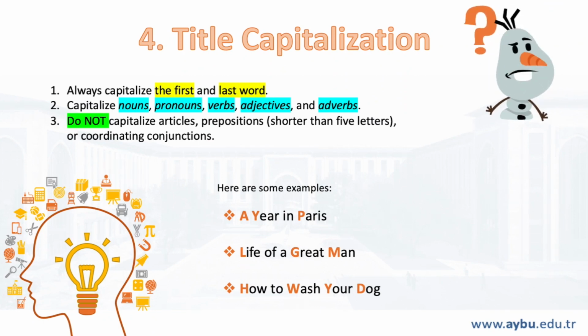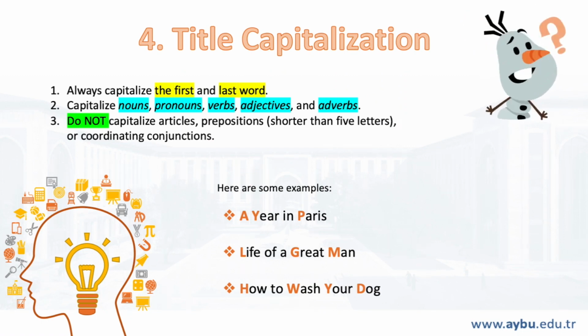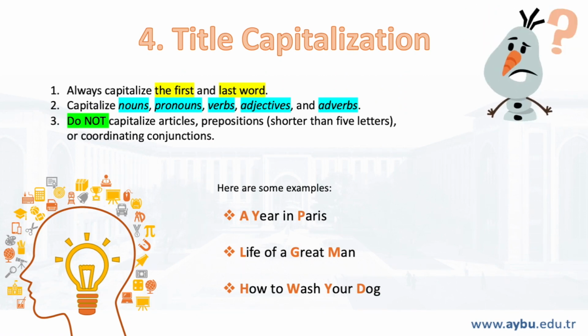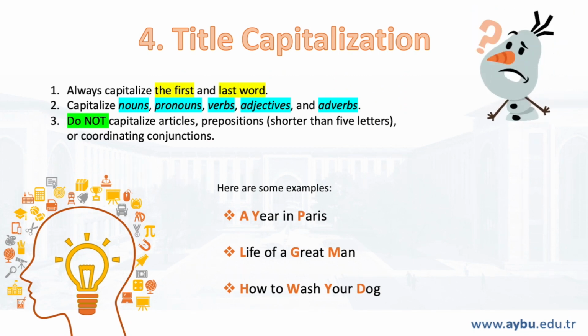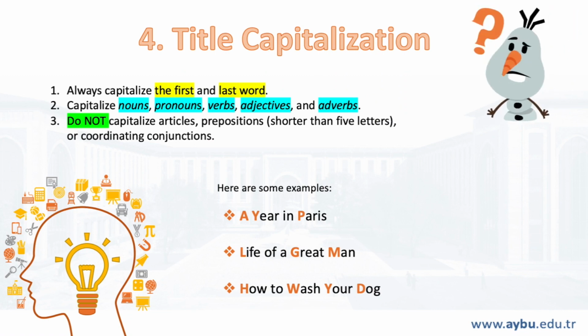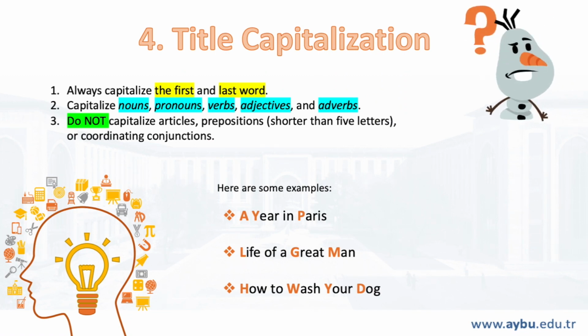The last one, How to Wash Your Dog, you can see the first and the last words are capitalized again, but to is not capitalized. There are also many rules about this topic, and there are also exceptions, so it is best to look it up if you are unsure of something while you're using headings.